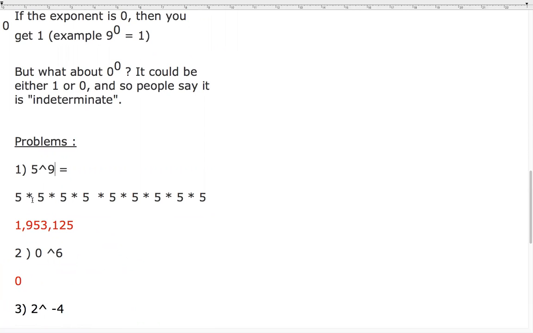Let me calculate and give you the answer. 5 into 5 is 25. I'm going to multiply it 9 times. So 5 into 5 is 25. 25 into 5 is 125.